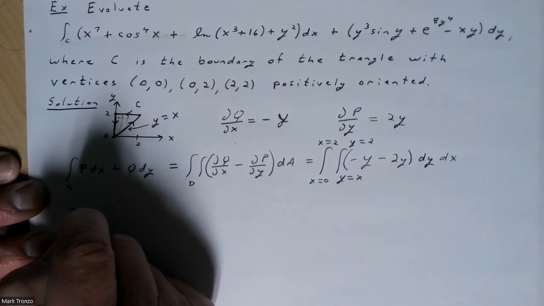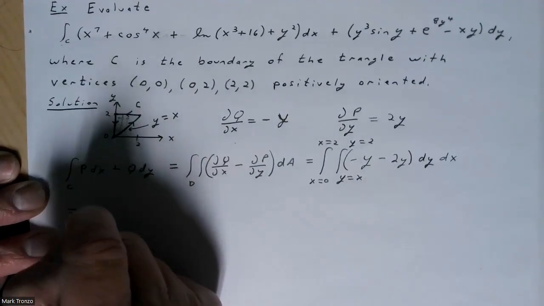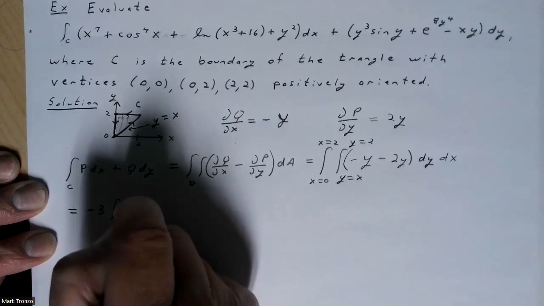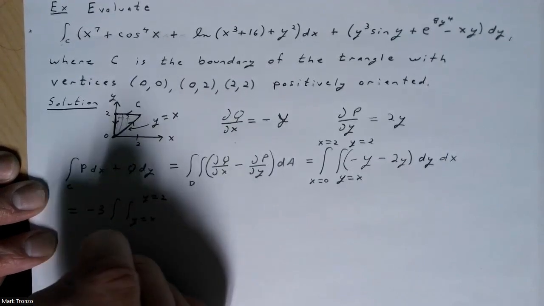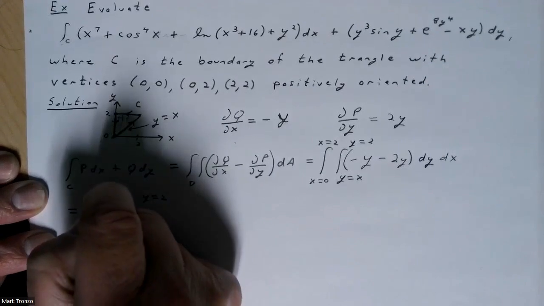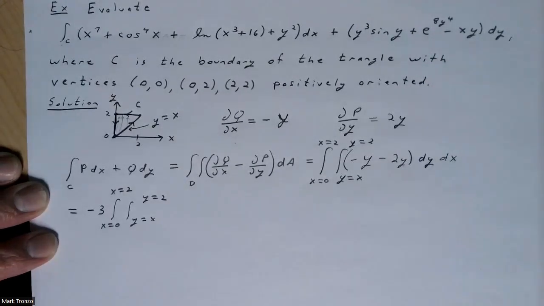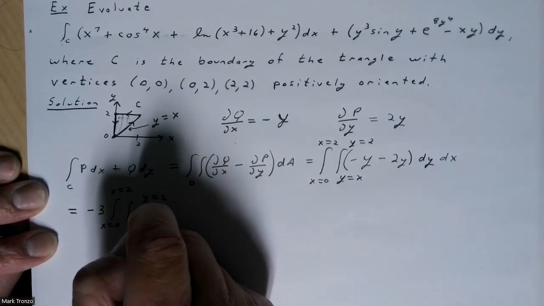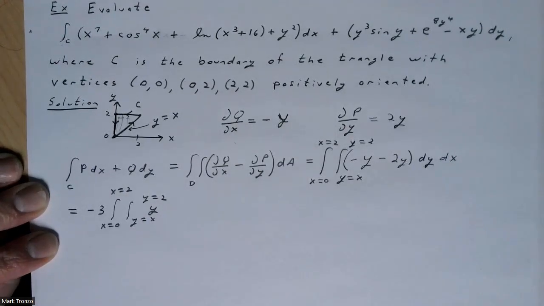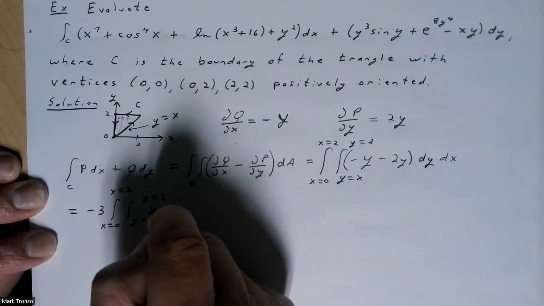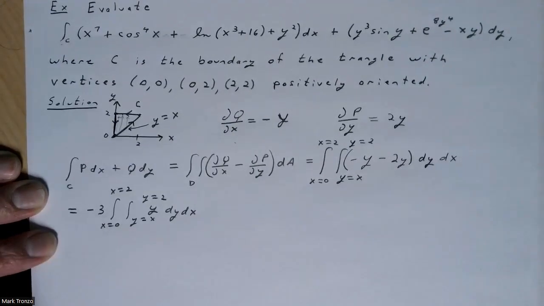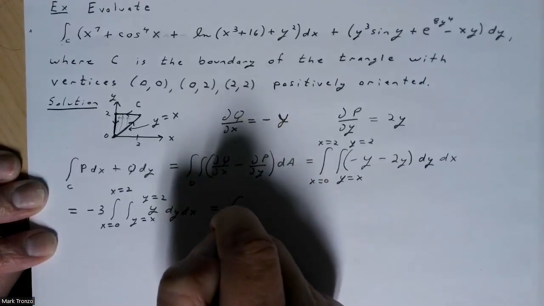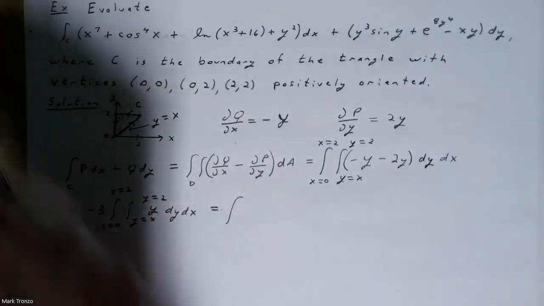And so let's integrate this. This is going to be minus 3y. Let me bring the minus 3 in front, and this will be just y as our integrand, dy dx. So integrate that, and we still have our negative 3 in front.